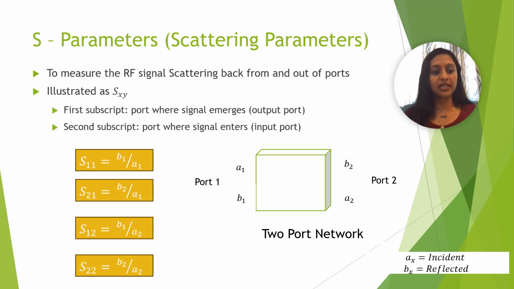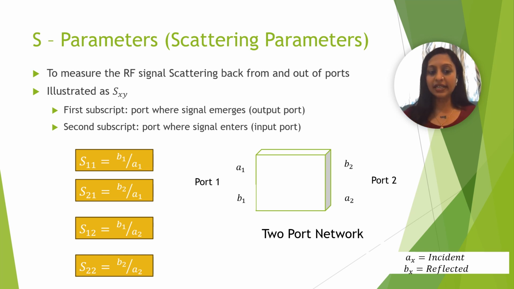Now S21. Here we always have to remember that the first subscript in S21, the 2, is the output port, the port where the signal emerges. And the second subscript, the 1 in S21, is the input port, the port where the signal enters. So if it is S21, the input is at port 1 and the output I am checking at port 2.